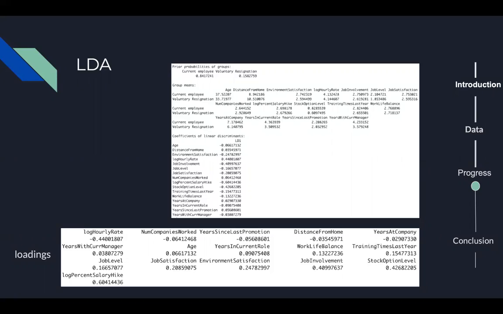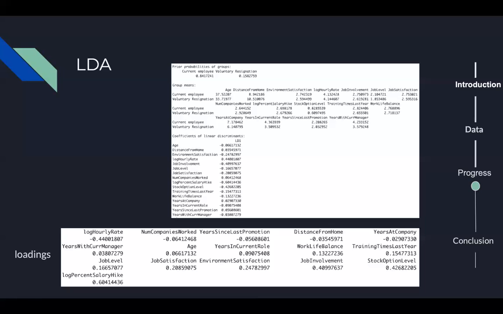Then we got the actual computation, the coefficients of linear discriminants. Since I separate two classes, voluntary resignation and current employee, it is accomplished by one component. There is only one LD, and the formula would be negative 0.066 times age plus 0.035 times distance from home, and so forth.